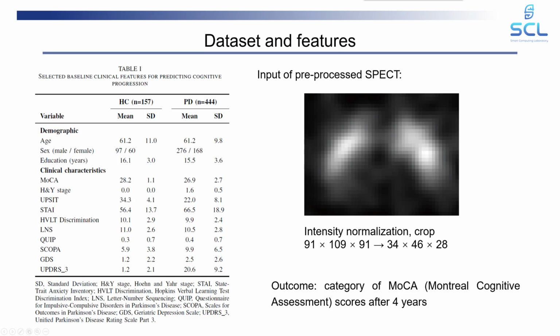For our end-to-end model, we did minimal pre-processing on the SPECT images. We checked their orientation for consistency, normalized the intensity, and cropped them to 34 multiplied by 46 multiplied by 28 for the model input.